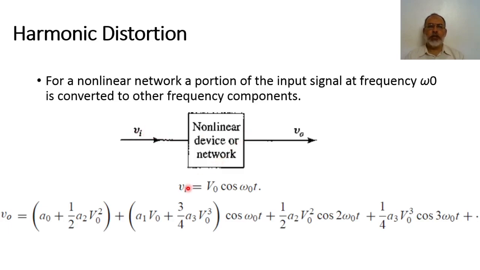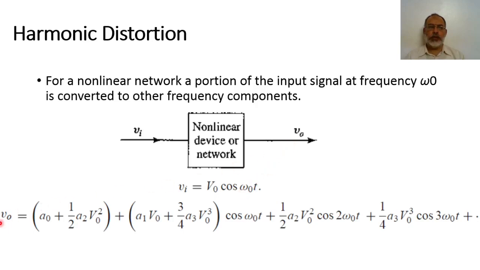And assume that the input signal is a time harmonic signal, which has an amplitude V0 and time dependence cosine omega naught t, where omega naught is 2 pi f naught, the frequency of this signal.